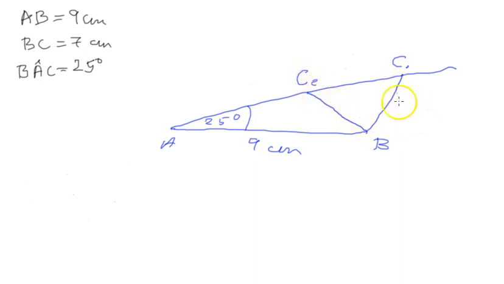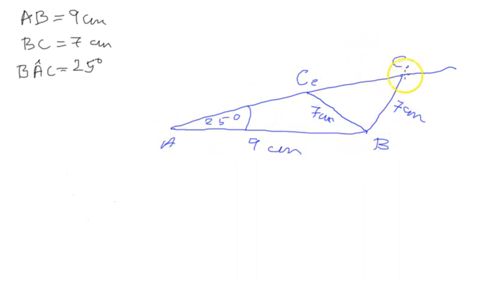So as you see, based on the information that we are given, we can draw two different possible triangles. So this here is 7 centimeters, and this here also is 7 centimeters.